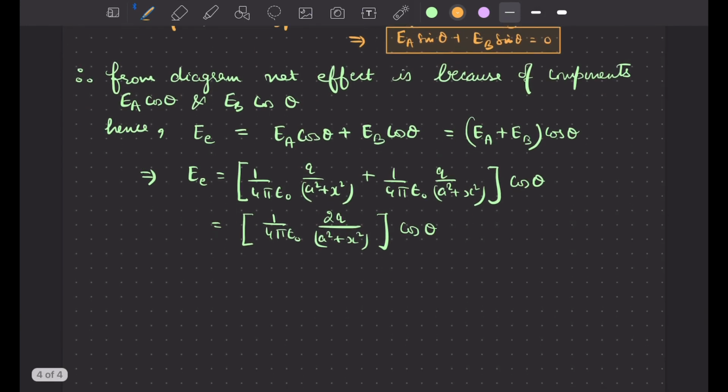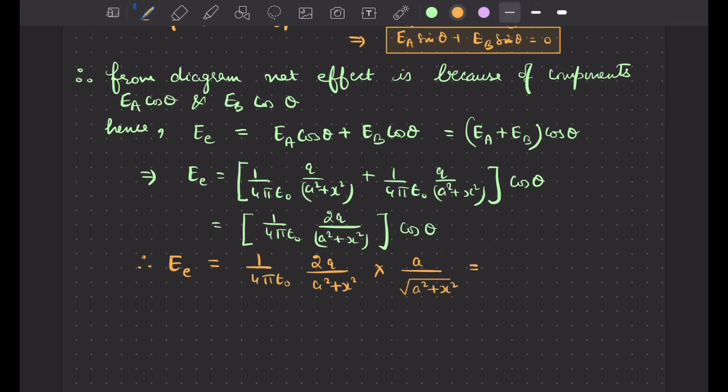That we will put this value over in this equation, and we will get E equatorial is equal to 1 upon 4 pi epsilon naught 2q upon a square plus x square, and the value of cos theta we have just calculated as a upon under root of a square plus x square.